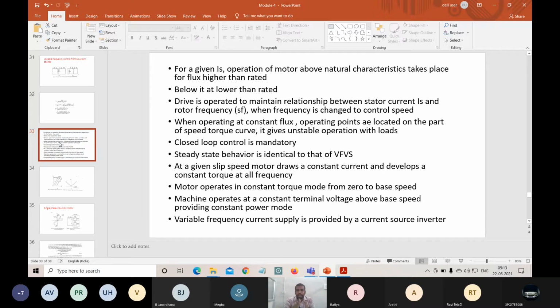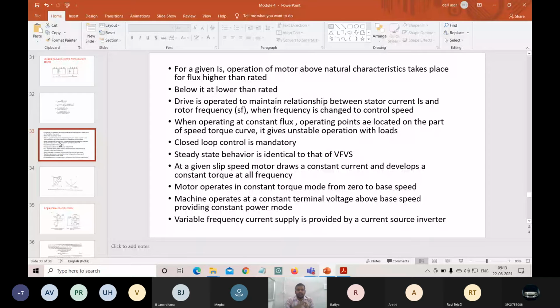So there are two options: one is above the rated, and the next is below the rated value. If you use above the rated value, the flux should be high, and if you use below the rated value, the flux should be low. These things we will observe in the natural characteristics that I will show in the next slide.